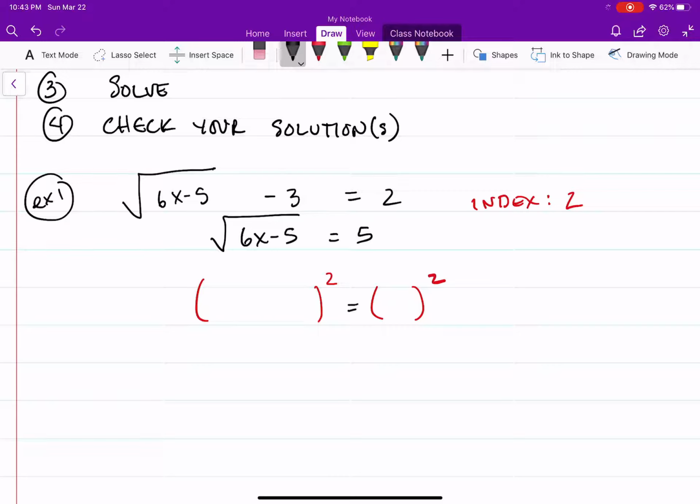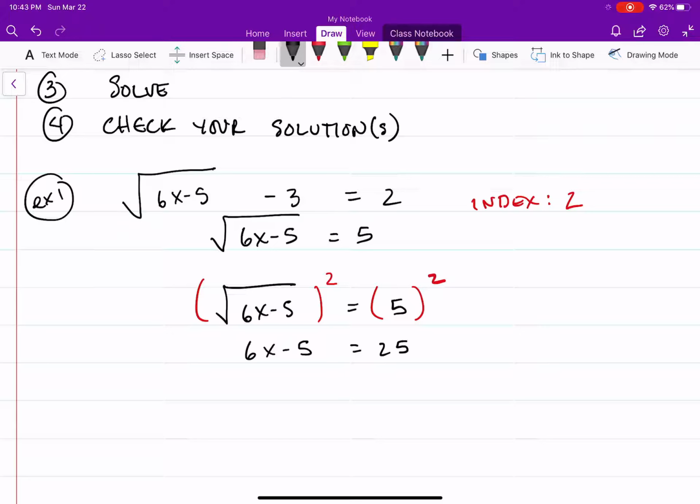Here I have the square root of 6x minus 5, and on this side I have 5. The square root and the square are opposite operations, so they cancel each other out. The square root of 6x minus 5 squared just gets rid of the radical, and 5 squared is 25. Now I just solve for x, which is step 3.